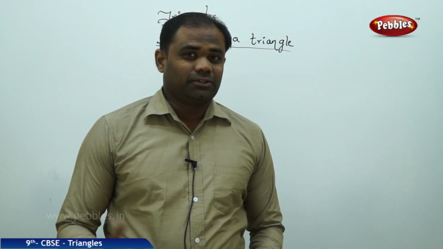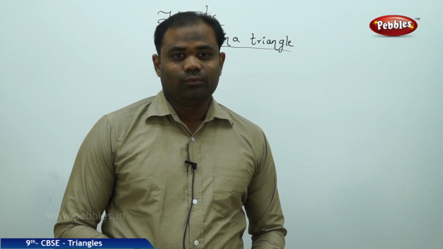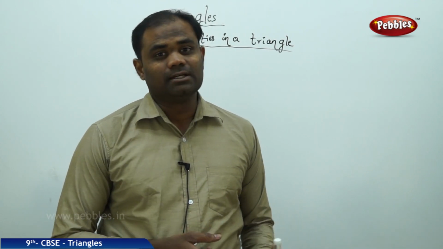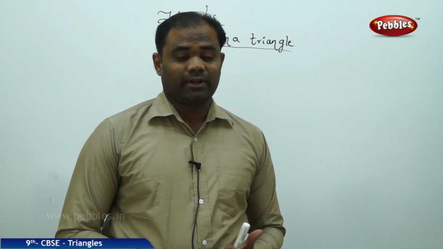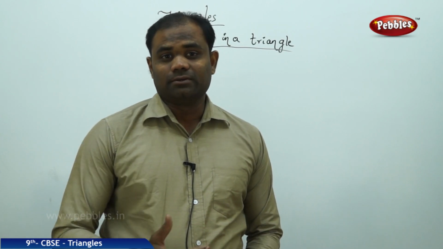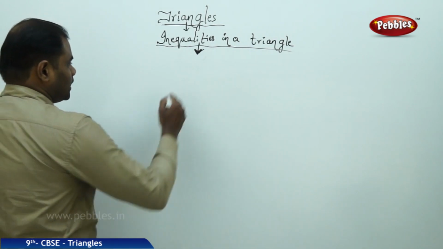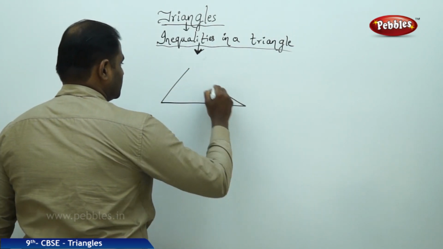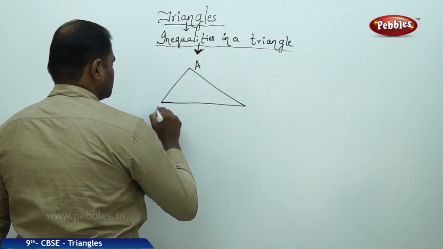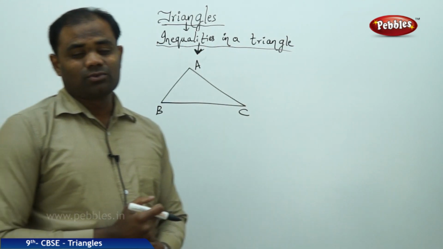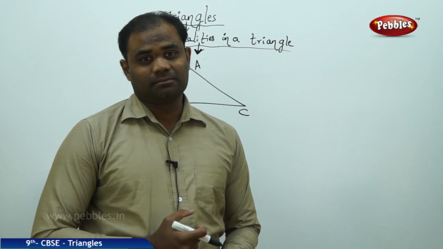Now that we have seen the triangle inequality, will the inequality be true if it is equal? Let's see the investigation of triangle inequality reduced to equality. For example, I have a triangle A, B, C. Will the sum of two sides be equal to the third side?